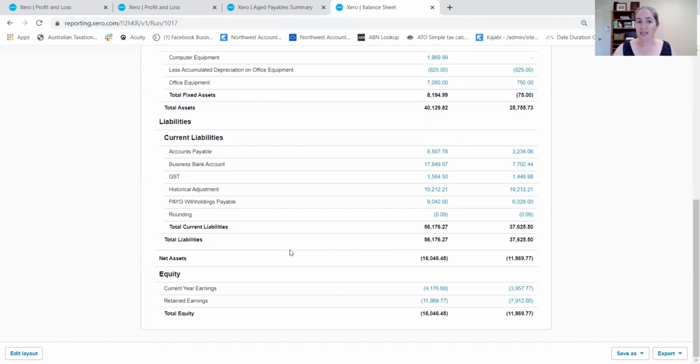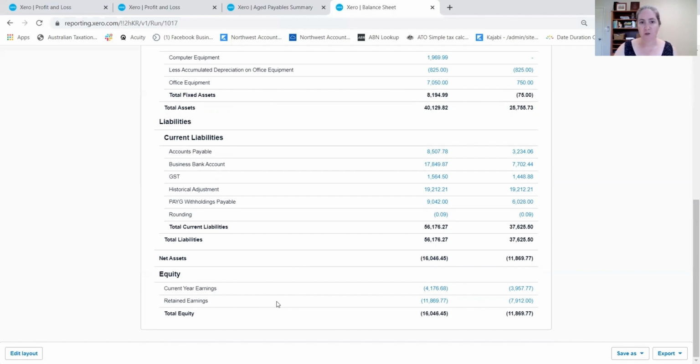You might be paying down some liabilities, whether that's the short-term liabilities or whether it's long-term loans, or you could be paying the owners. And so if there's dividends to be paid or drawings to be taken that you're taking out of the business, then they may be shown down here in the equity item as a dividend paid or drawings or something similar to that, depending on your business type.